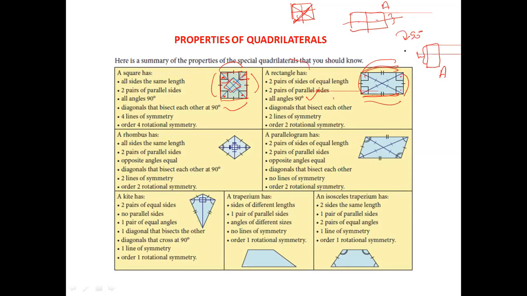But at 180 degrees, it becomes the same shape like this. A comes to here, but their lengths and heights are equal to each other. That's why it's first. And the second one is 270 degrees. When you rotate 270 degrees, A comes to here.